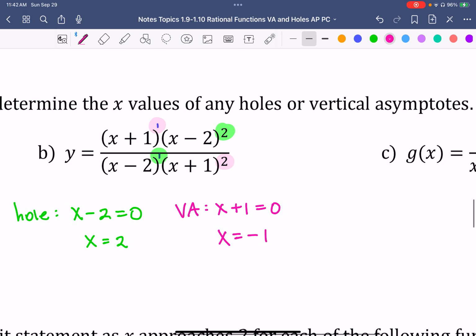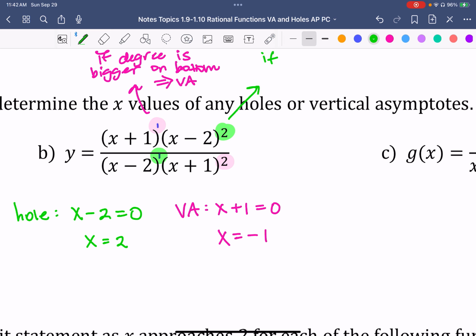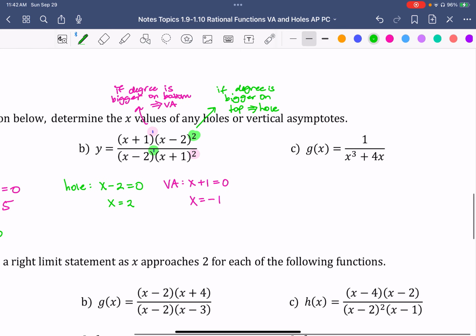Okay, so again, if the exponent or if the degree is bigger on the bottom, then it's a vertical asymptote. Okay, if the degree is bigger on top, then you have a hole. Okay, let's move on to the next one.